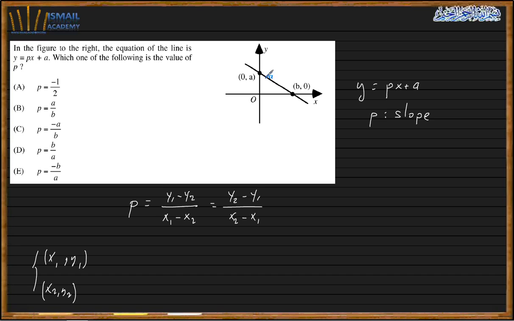Those 2 points are on the same line, so my slope will be a minus 0 over 0 minus b, which is a over minus b, which is the same thing as minus a over b. So minus a over b is C, so C is my choice.